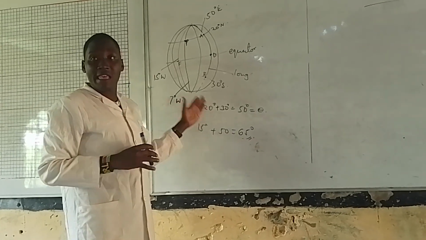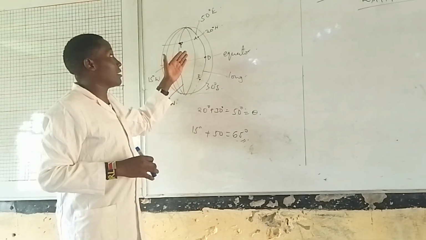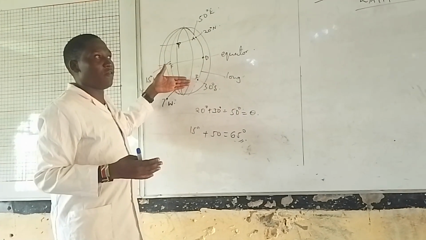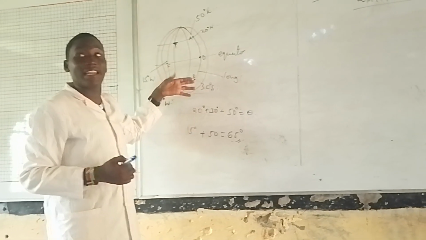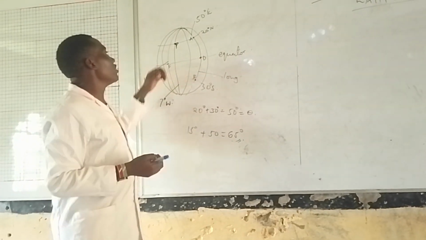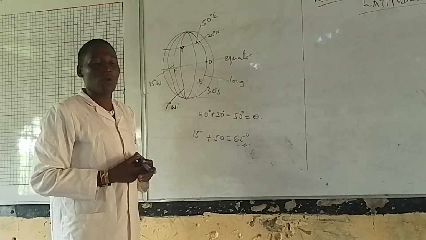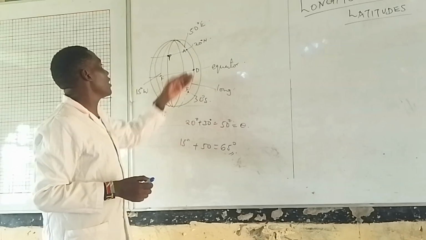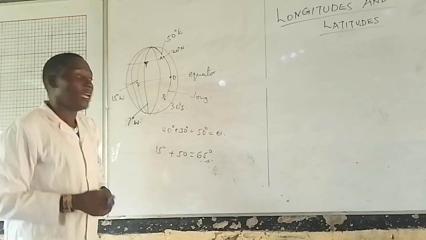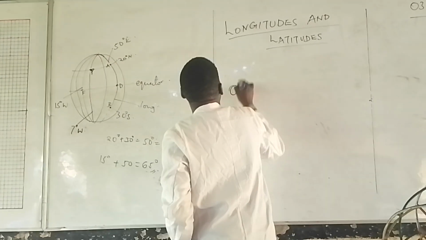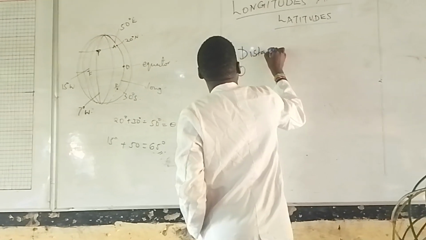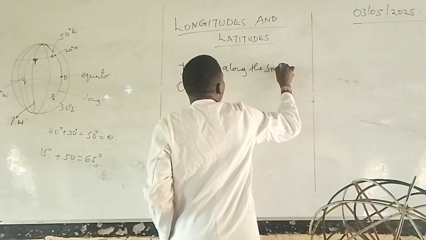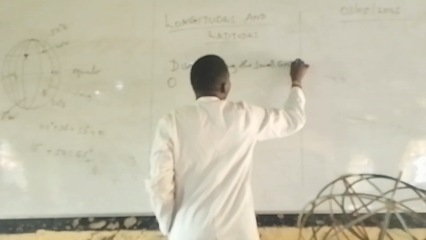But if they are on the same side, let's assume it is 50 degrees east and another one, maybe 40 degrees east also, it means that we take the larger minus the smaller angle to get the angle difference. So let us get the angle difference between A and P. Remember, we are looking at the distance along the small circle.